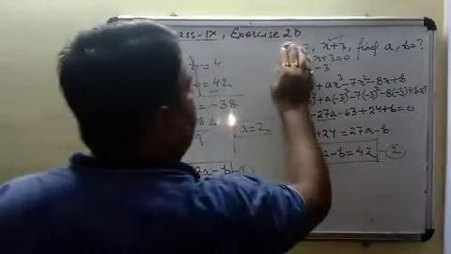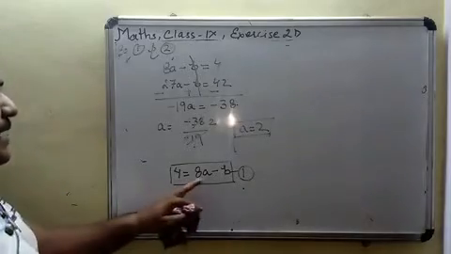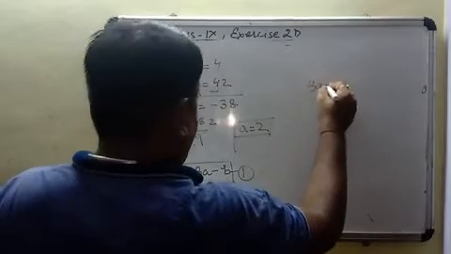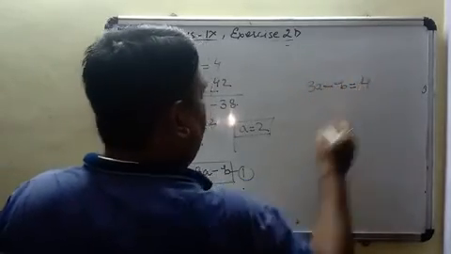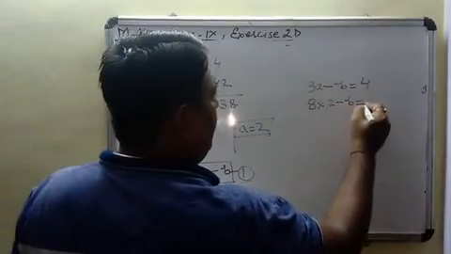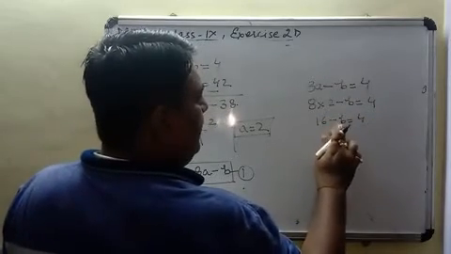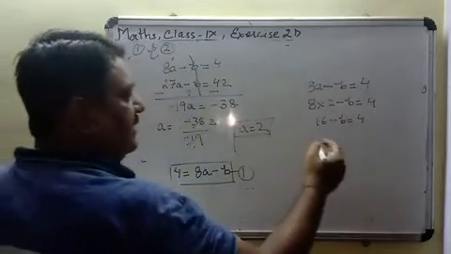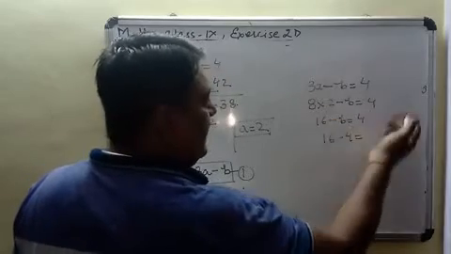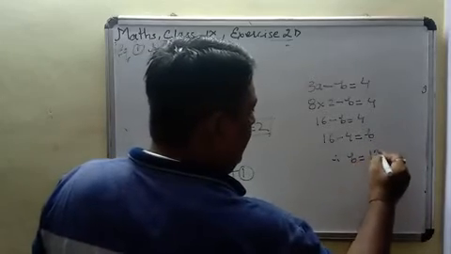Now put this value of a in any of the equations, either in 1 or 2. I am going to put it over here. 8a minus b equals 4. 8 into a का value 2 minus b equals 4. 8 twos are 16 minus b equals 4. b को उधर ले जाइए और 4 को इधर ले आइए। 16 इधर पे था, 4 इधर आएगा तो -4 हो जाएगा, b उधर जाएगा, this will become positive b, therefore b is equal to 12.